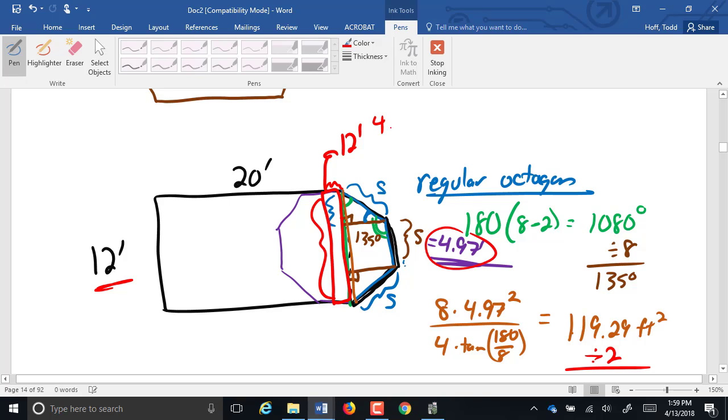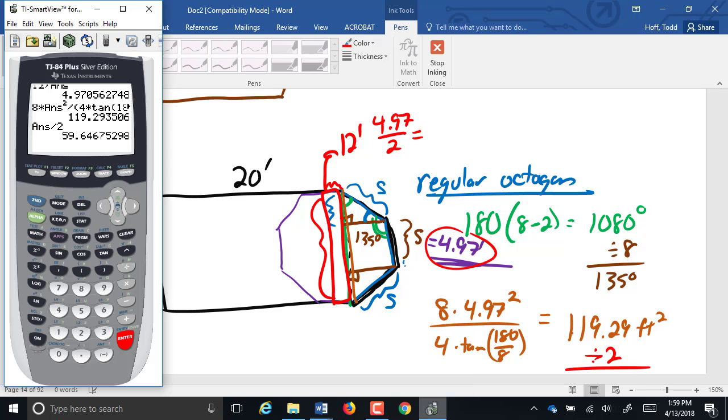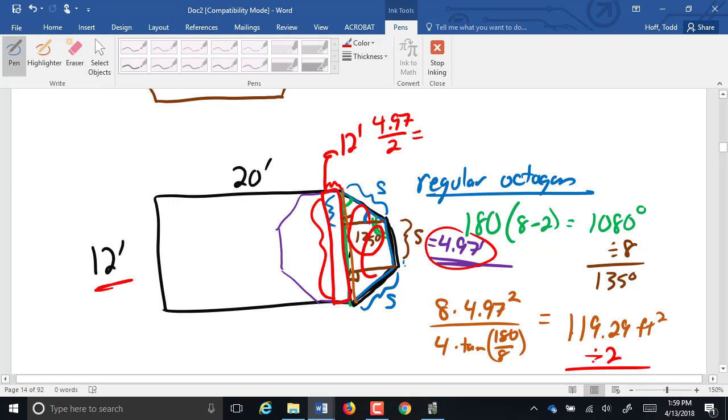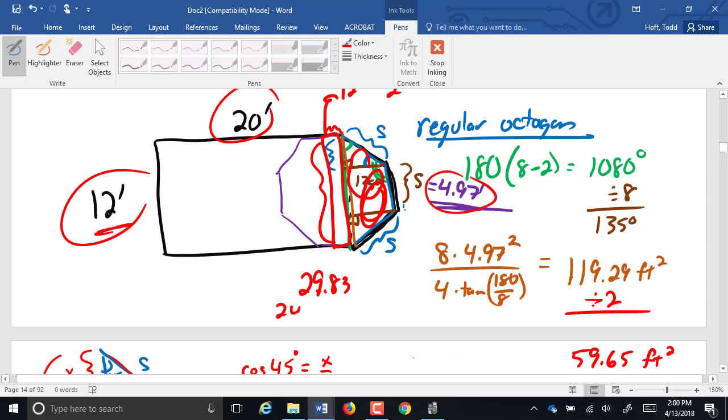Yeah, half of this side, half of 4.97. So I take that 59.65 and subtract 12 times 4.97 divided by 2. 29.83 is what this area is here. We add to that the 12 by 20, which is 240. So 269.83 square feet is that area.